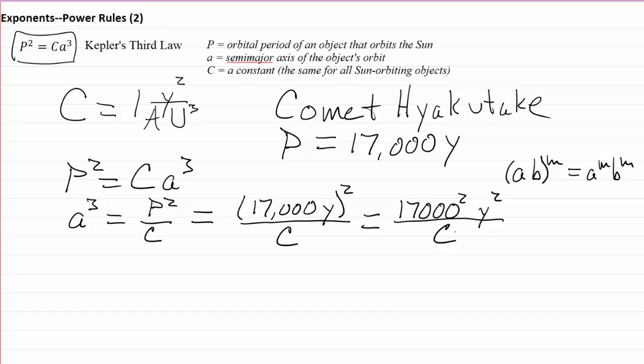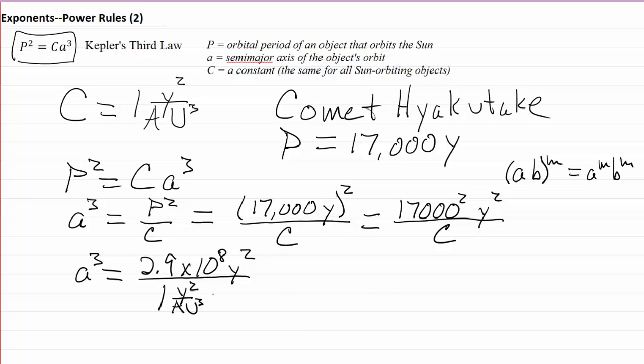I have to do that 17,000 squared on my calculator. And I'm going to find it advantageous to use scientific notation from here on out. When I square 17,000, I get 2.9 times 10 to the 8th. And I'm only keeping two significant figures because in that 17,000 I can only see that there are two for sure. And then I've still got the years squared. Now down here on the bottom, I'm going to put in that value of C, which is 1 year squared per AU cubed.